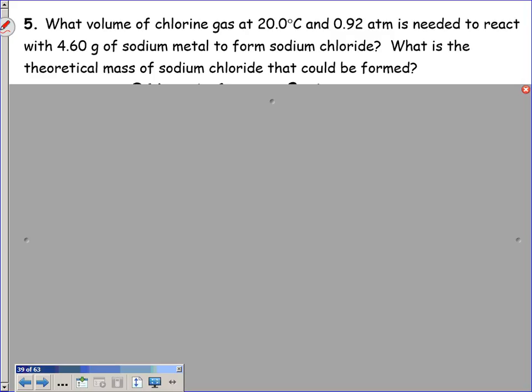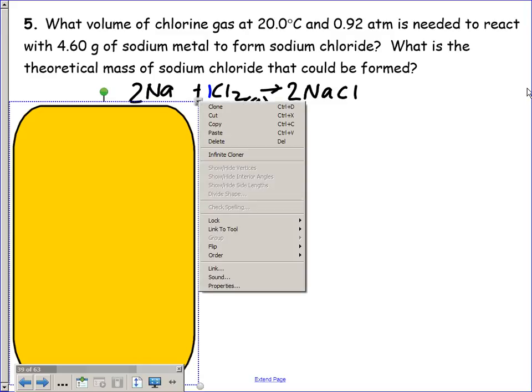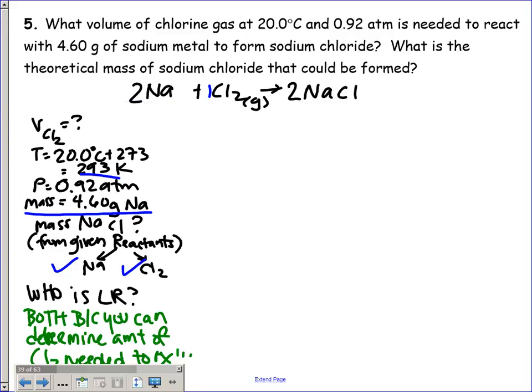So, question: what volume of chlorine gas, at 20 degrees Celsius, pressure. It told us our mass of sodium was a given of grams. What is the theoretical mass of sodium that could be formed? Here's what I would think you guys would have done, and this might be solved in maybe 2 different ways.